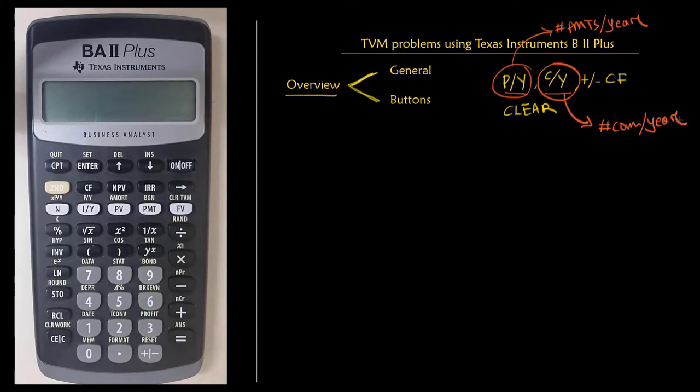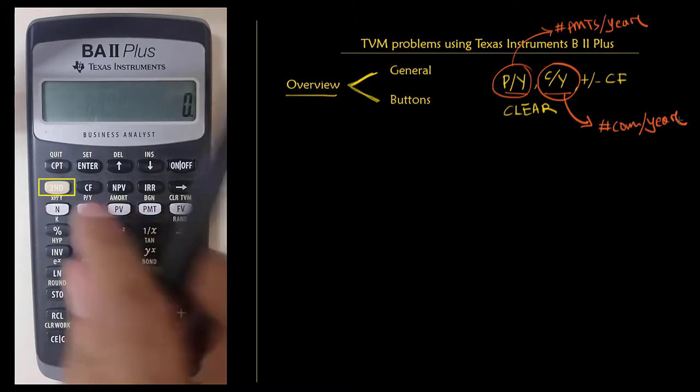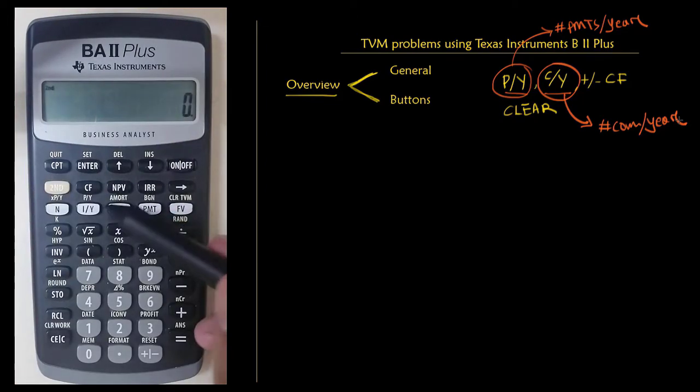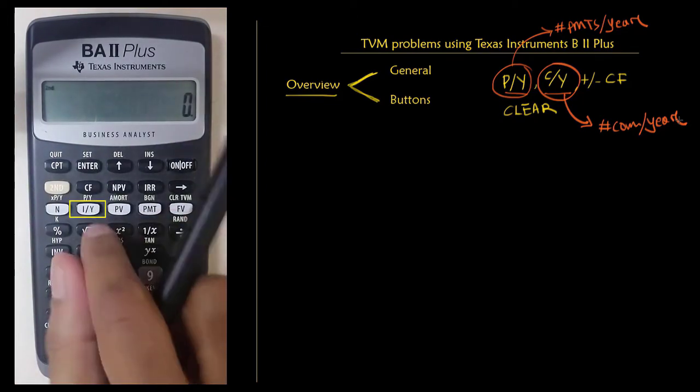Initially, let's set these two values to 1, and we'll see later on what to do if these things are not as ideal as 1. So to do this, first press this button, then press this button.